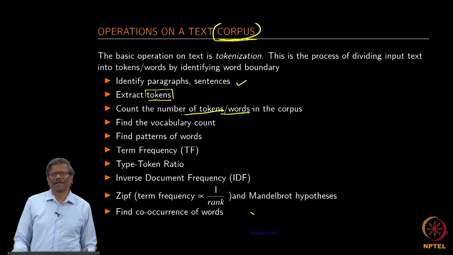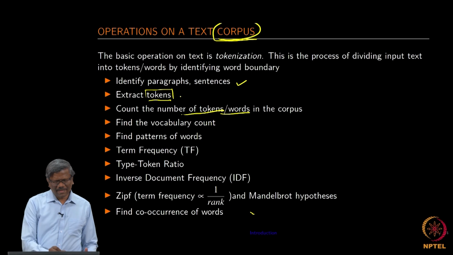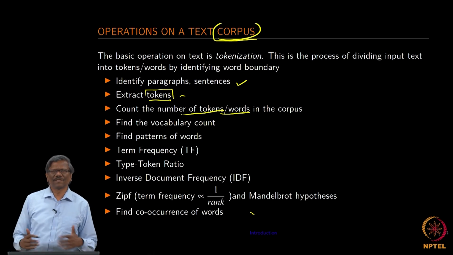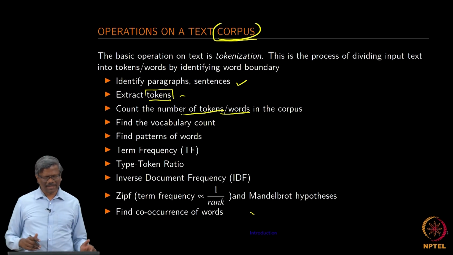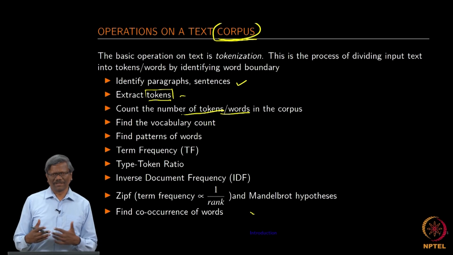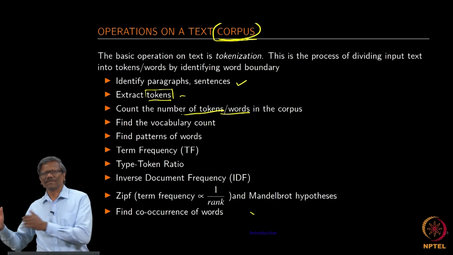In this slide, tokens appeared 3 times. In the entire collection of my 12 weeks PowerPoint presentations or PDFs, this word has occurred at least 300 times. So, that is something we start counting at a very high level without really knowing what the meaning is. We just start counting the words.